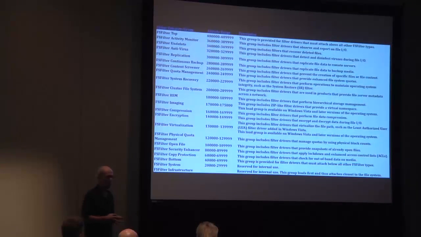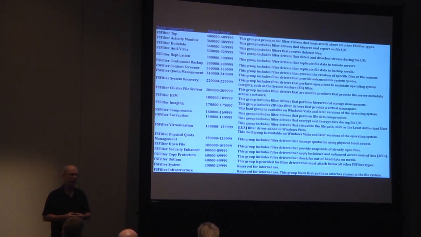Okay. So to help make this work, they came up with an idea of what they call altitudes to help devise what order things get called in. And so the higher your altitude number, the earlier in that process you're going to be called. And that becomes important. This is off of a Microsoft document that describes the broad ranges of drivers and altitudes that you can get.